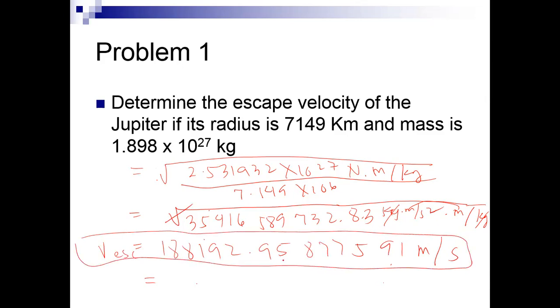So again, pwede mo siyang gawing exponential. Nandiyan yung tuldok niya, no? Sa 92. So therefore, pwede kang maging 1.88192 times 10 to the 5th meter per second. So this could be your answer kung exponential siya.